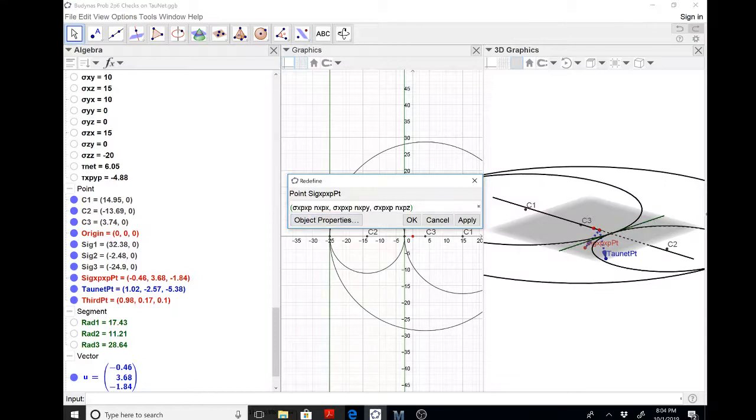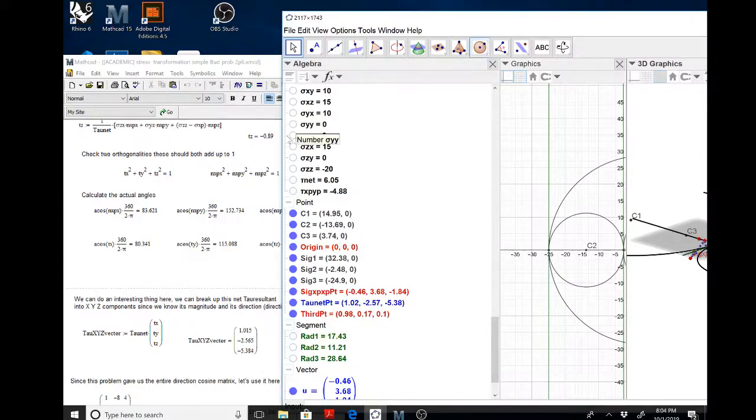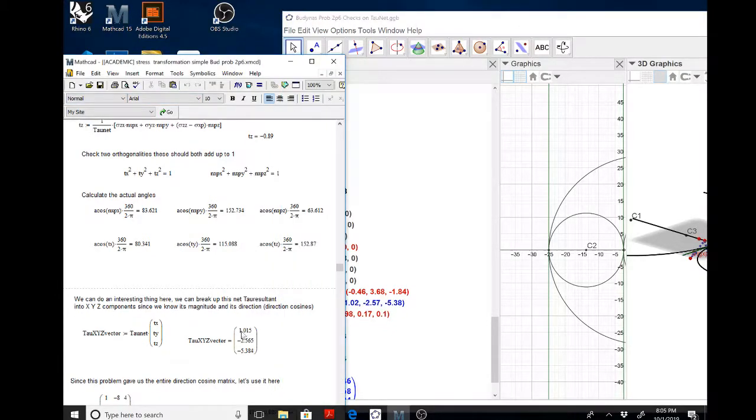I just said, give me sigma x prime times the direction cosine to the x, and that's the x, y, and z value. And those are the components right there. So that's super compact, I think. Maybe that's not head exploding to you, but I think that's incredibly fast and easy and beautiful.